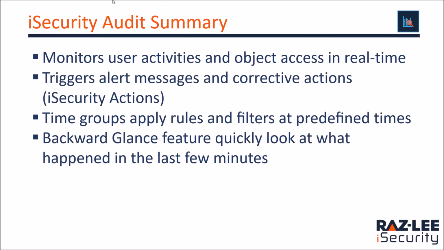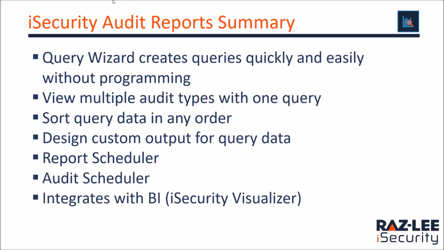Then you have time groups to apply rules and filters to different predefined times. And also you have a feature called backward glance, so you can look at what happened in the last few minutes.